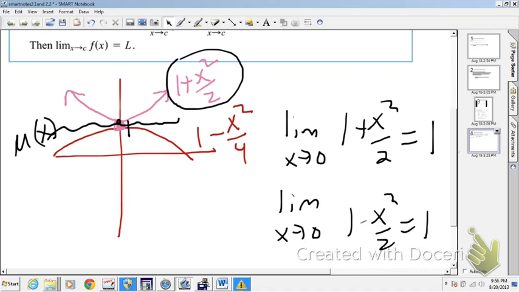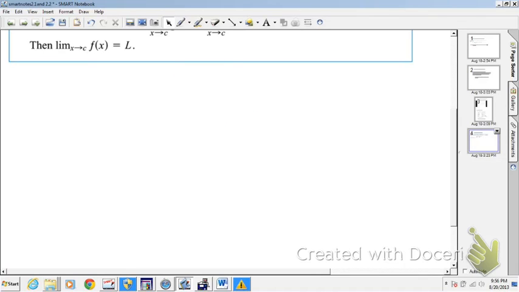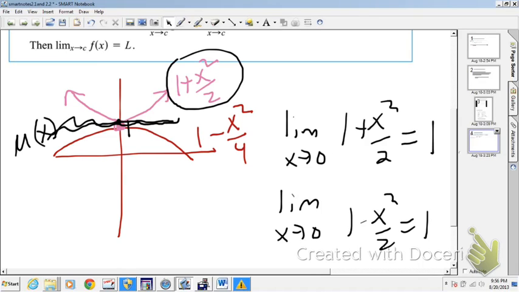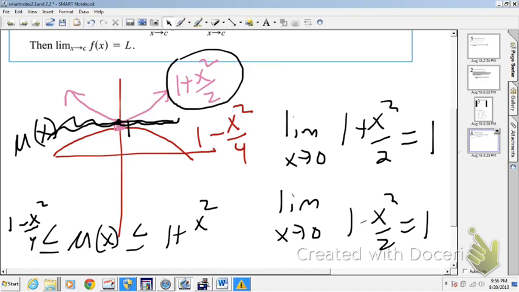And according to the sandwich theorem, since u of x, despite how complicated it is, lives in between there for all x not equal to 0, we're told that it does. If I could look back at the other slide, which I erased, we are told that u of x is sandwiched in between those two functions, 1 minus x squared over 4 and 1 plus x squared over 2, for all x not equal to 0.